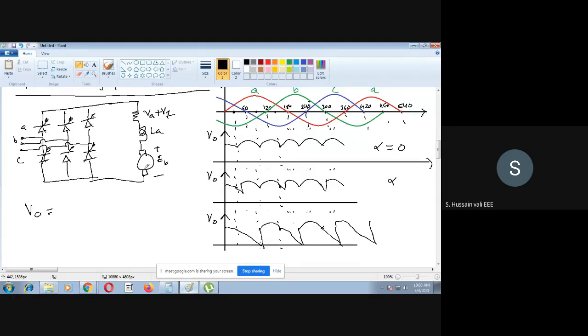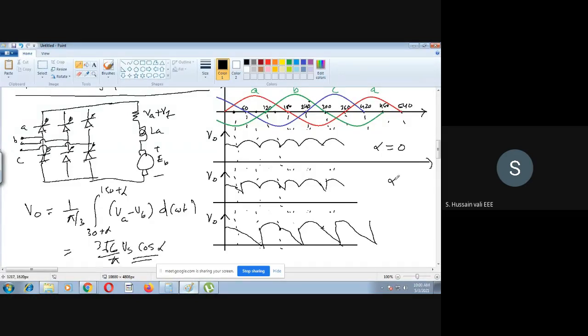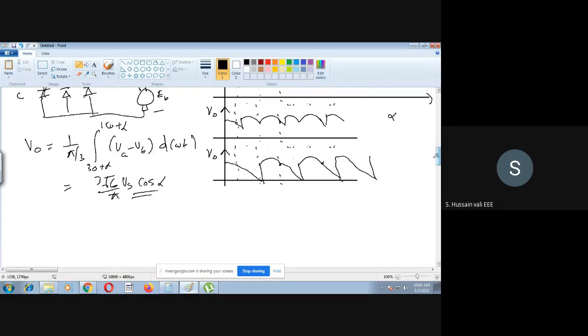Okay, so just recall: 1 by pi by 3, integration from 30 plus alpha to 150 plus alpha of the line voltage times d of omega t. So you will get this. This is just a recall of the previous one. You get a cos alpha term. Okay, this you will get.